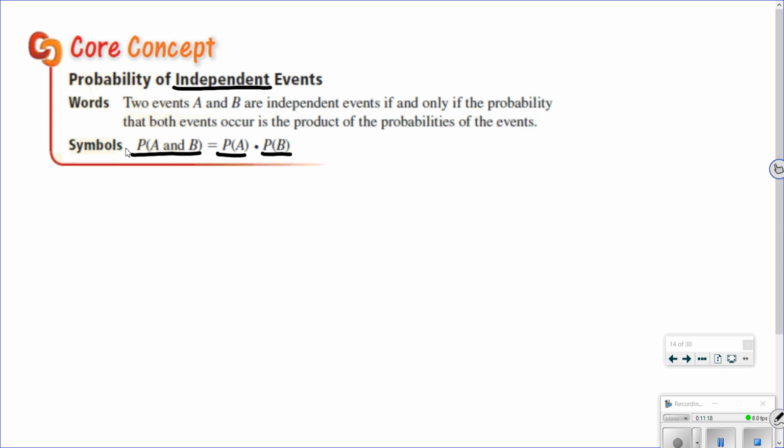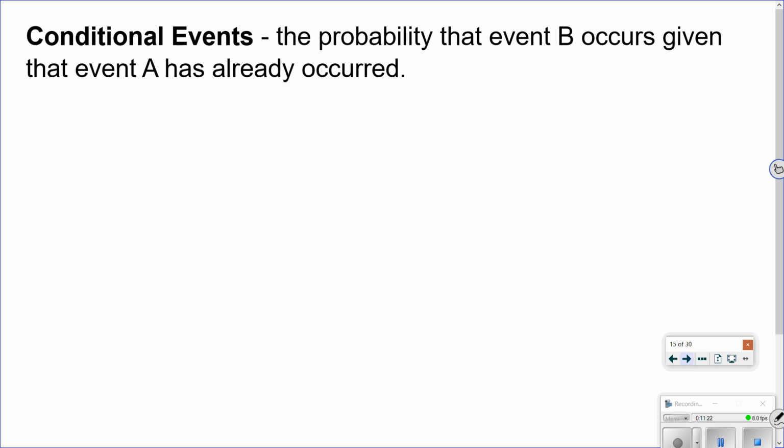If the events are dependent, it's a little bit different. And to understand that, I need you to write down this definition first. We haven't talked about this, but put down conditional probability. Conditional probability is the probability that B occurs given that the event of A already occurred. So the way we do that is, I'll write this with symbols.